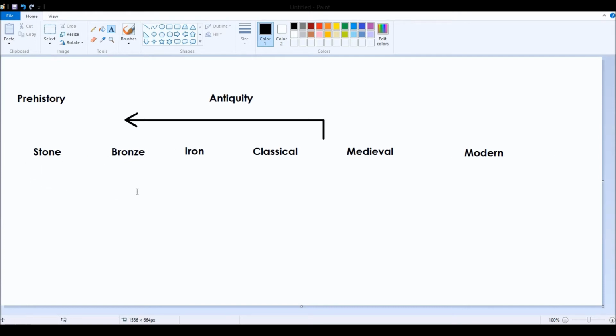Now, the transition between Iron Age and Classical Age is very vague because there definitely is an overlap. So I can't really say that there's a good place to transition there.